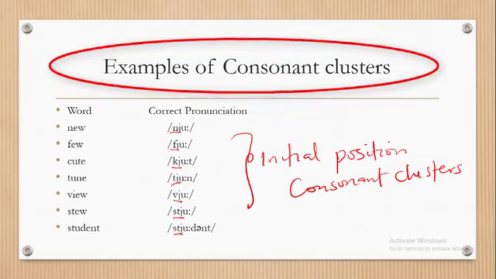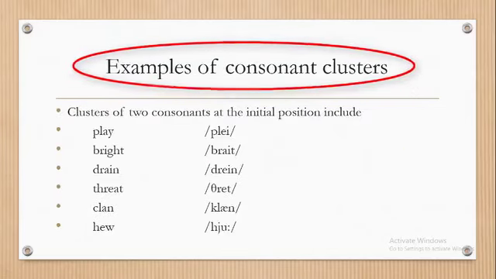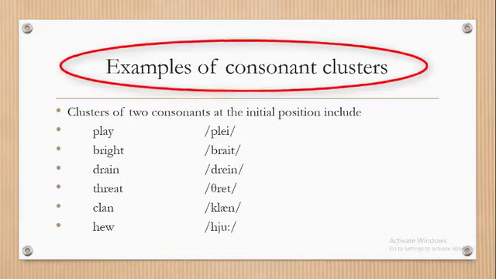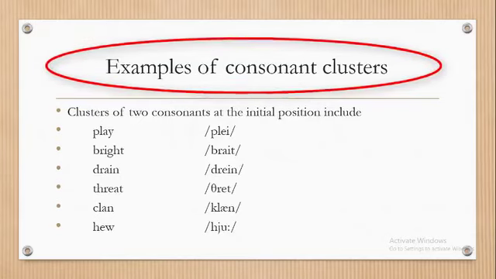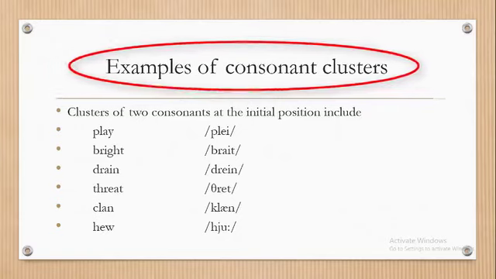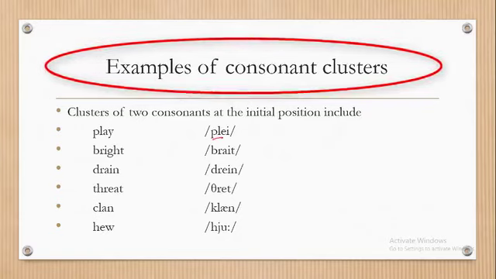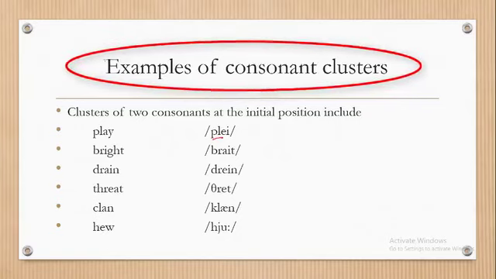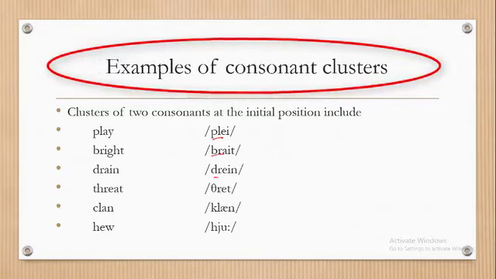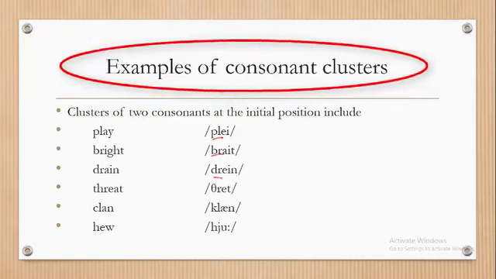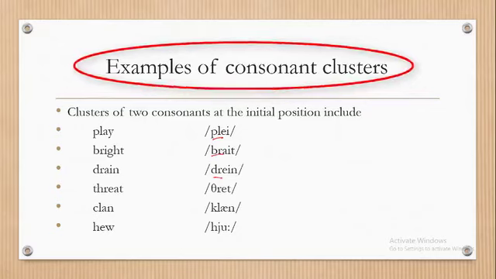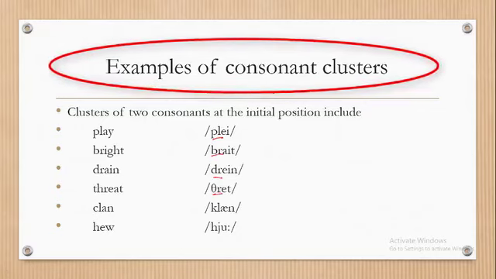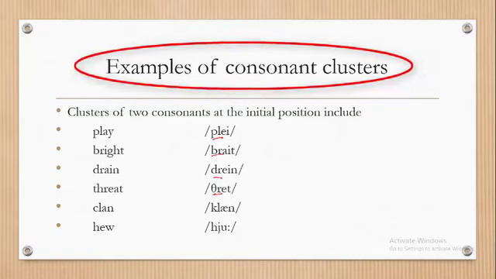Alright, so let's look at further examples at the initial position, that's at the beginning of words, and we have two consonants playing out here. We have play. We have bright. We have drain. Then we have threat. We have a cluster here too.